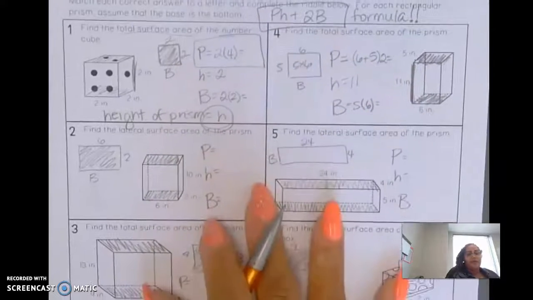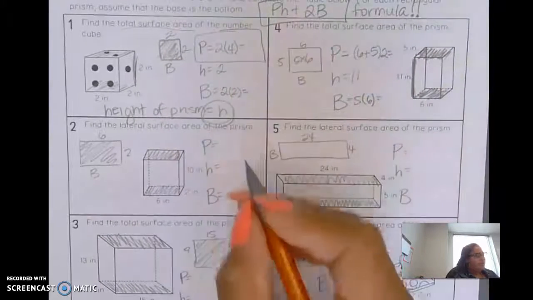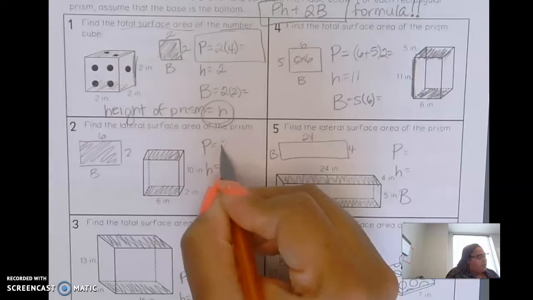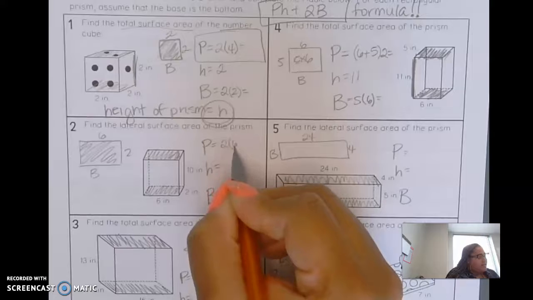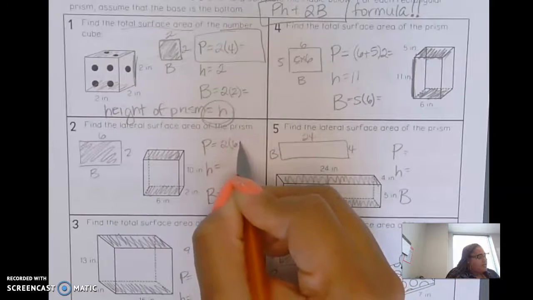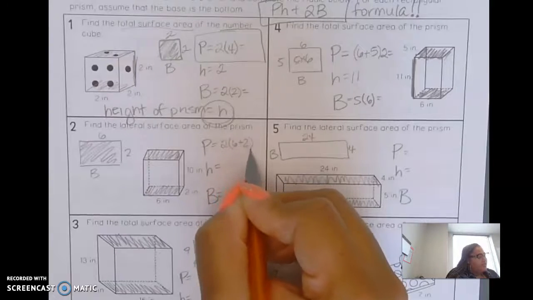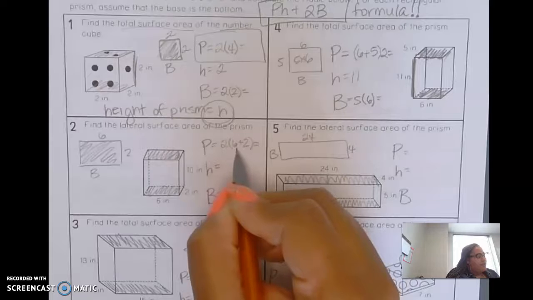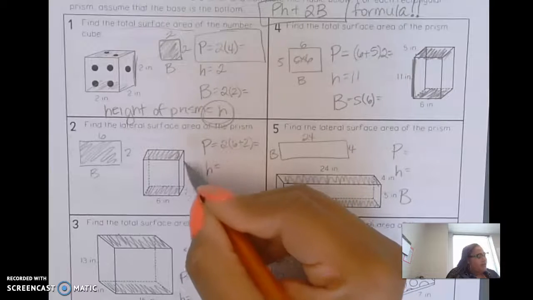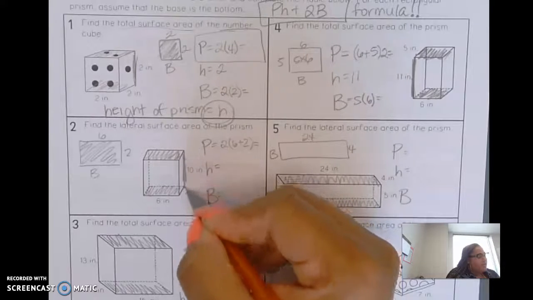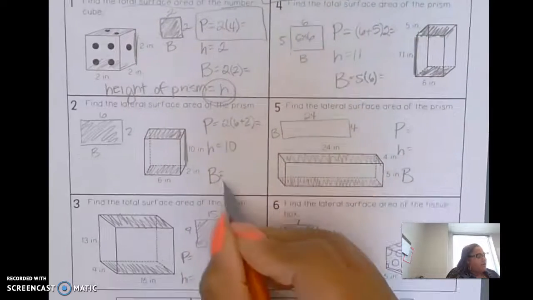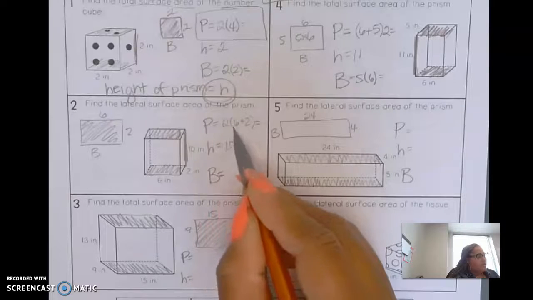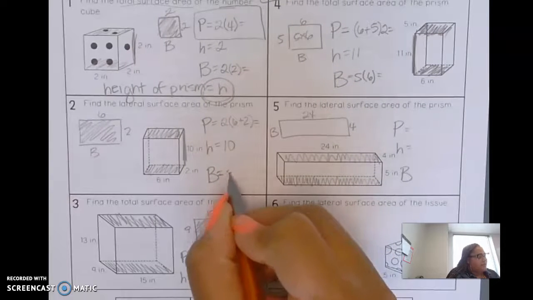Calculate. Number 2, find the perimeter. I've got 2 sides that are 6 inches long and 2 sides that are 2 inches long. 2 times 6 plus 2. The height is what connects my bases, which is 10. My base area is going to be the 2 by 6.